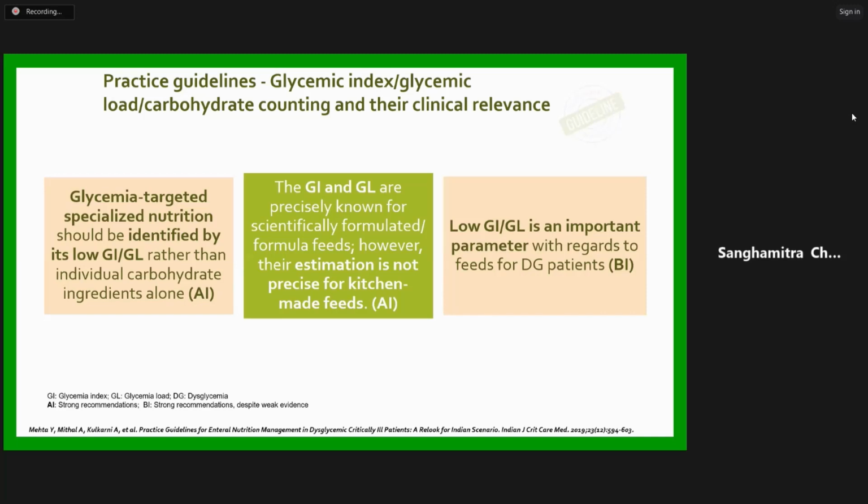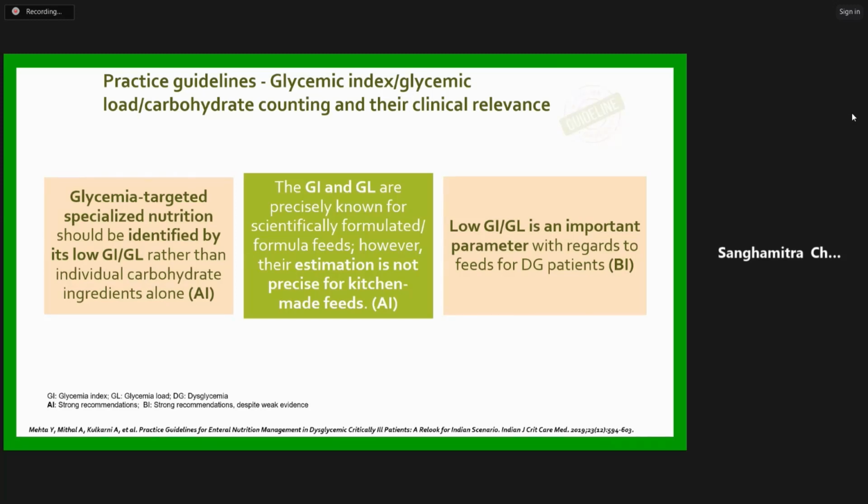There are certain practice guidelines recommended for the management of glycemic index and carbohydrate loading, with clinical evidence. We find that glycemic targeted specialized nutrition should be identified by its low GL and GI rather than individual carbohydrate ingredients alone. It may be that some formula has a little bit of fructose or sucrose added, and we start jumping up, saying this is not right.